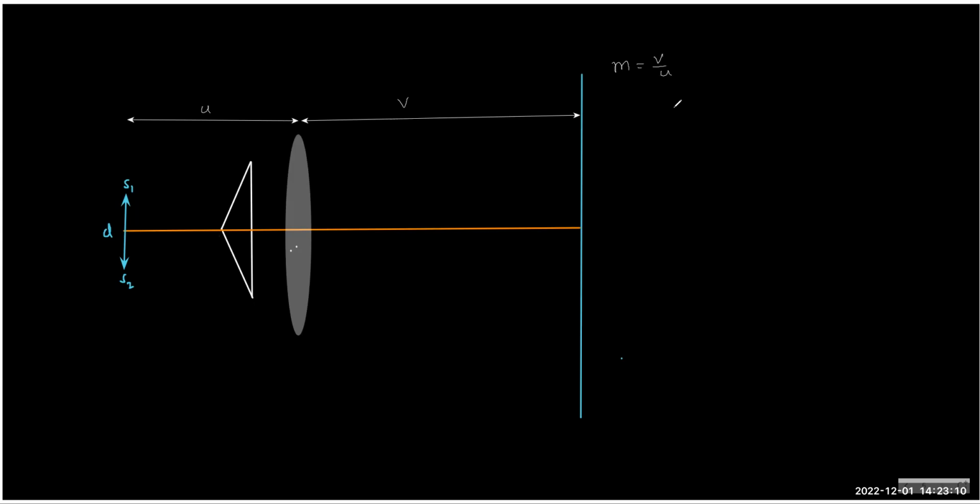In this case, because v is bigger than u, you will get a magnified image. So let's call m1 the first magnification, and it will give you an enlarged image of size, let's call that size d1.